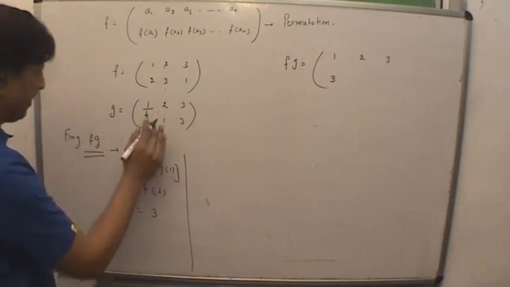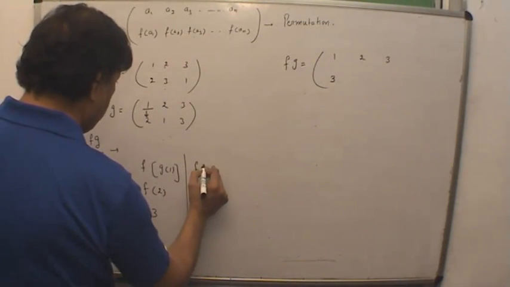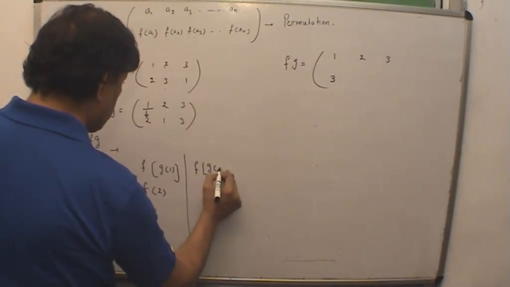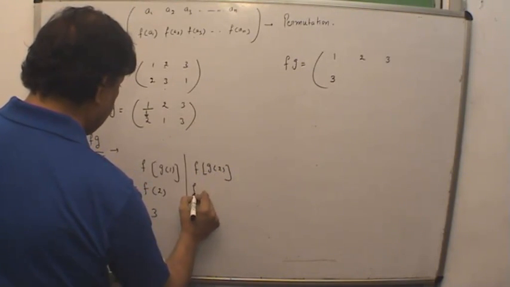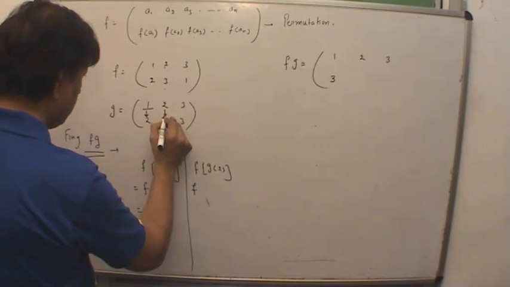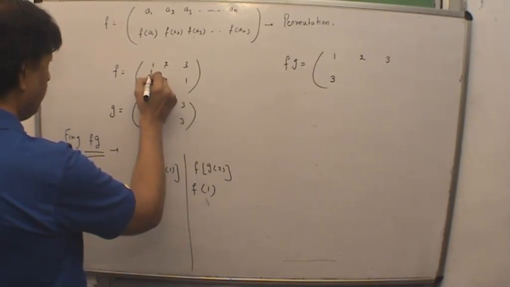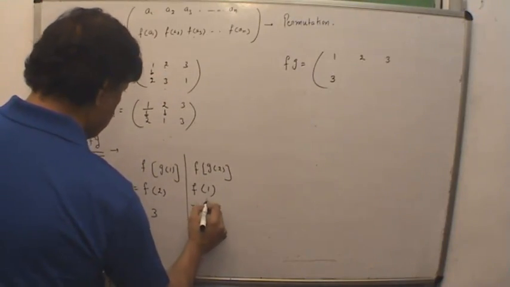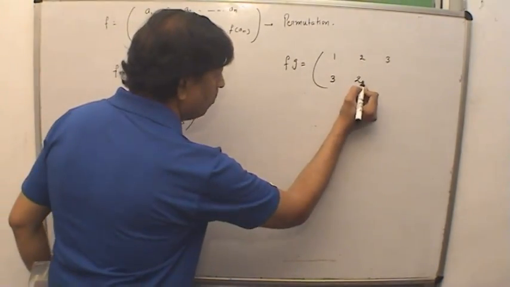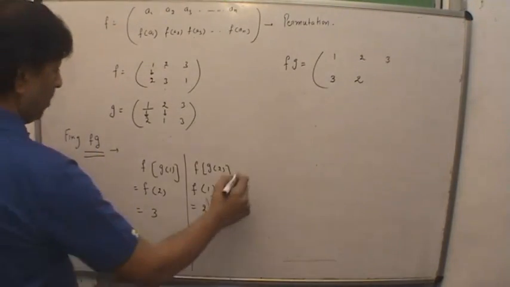For the second element, it is f of g of 2. In g, the image of 2 is 1, so f of 1. And in f, the image of 1 is 2. Then we write 2 under 2.